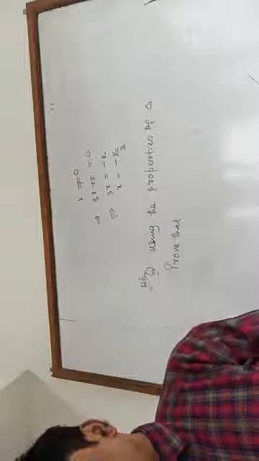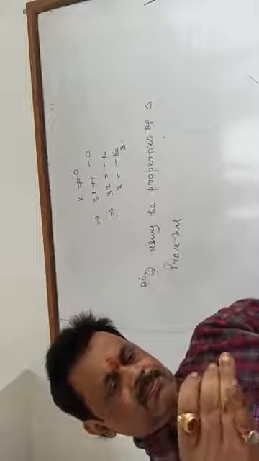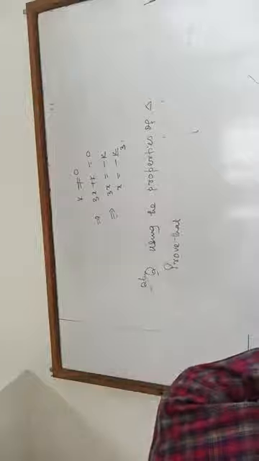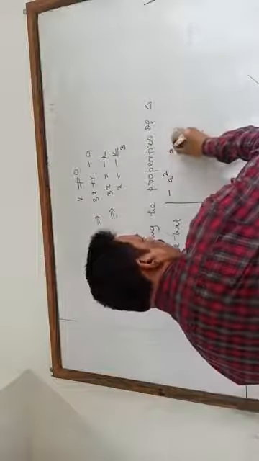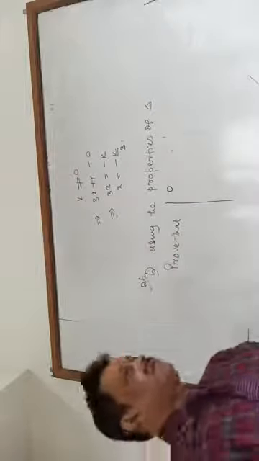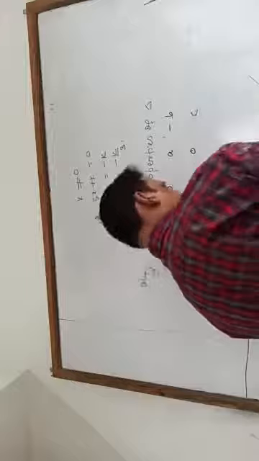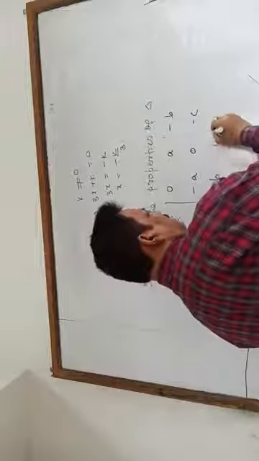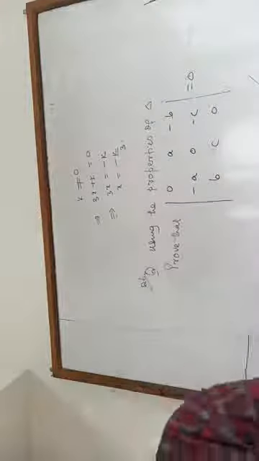So using the properties of determinant, prove that the determinant with rows 0, a, minus b; minus a, 0, c; b, minus c, 0 equals to 0.